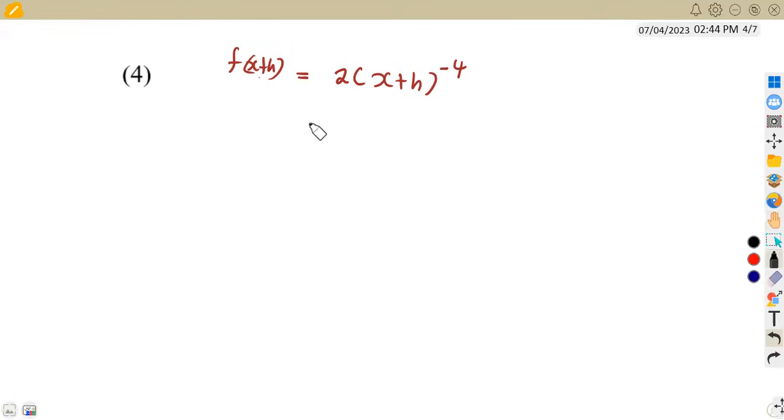Let us think of the binomial expansion, whereby we are going to have f of x plus h being equal to 2, which is just there to multiply whatever that you're going to have at the end. So remember what I said, x is going to be raised first to the exponent of the one that you're given, x to the exponent of -4. H at that moment is being raised to the exponent of 0, plus whatever that you do on x, you drop the exponent. -4 multiplies x.